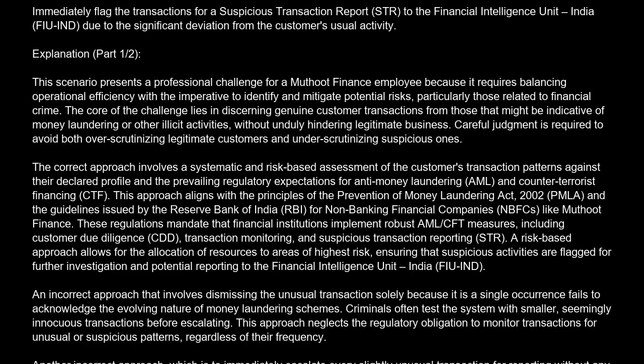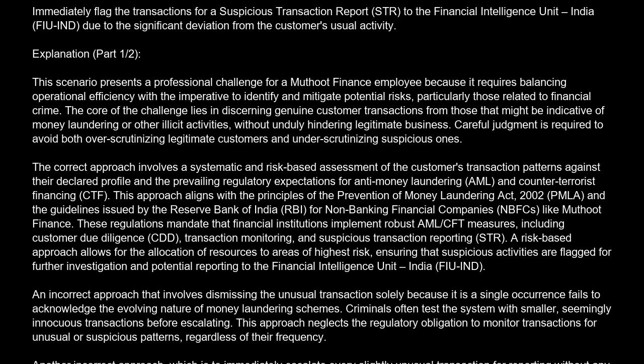Correct answer is A. Immediately flag the transactions for a Suspicious Transaction Report, STR, to the Financial Intelligence Unit India, FIU-IND, due to the significant deviation from the customer's usual activity. Explanation. This scenario presents a professional challenge for a Muthoot Finance employee because it requires balancing operational efficiency with the imperative to identify and mitigate potential risks, particularly those related to financial crime.